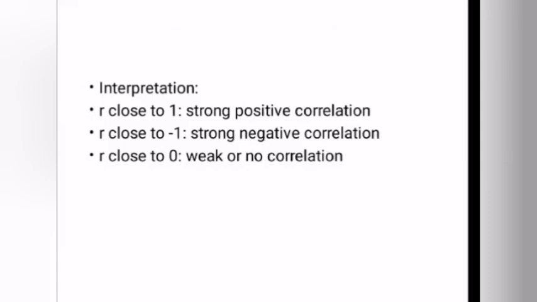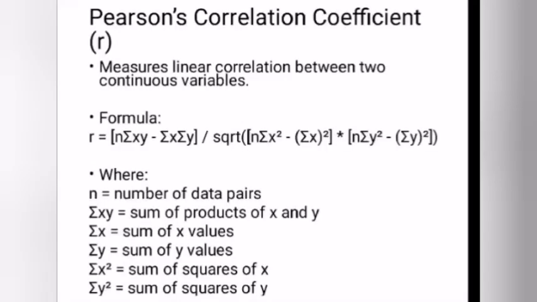So you would start measuring from 0 to 1: 0.1, 0.2 is a weak positive correlation. But when it's 1, it's a strong positive correlation. When it's minus 1, it's a strong negative correlation. That's how to interpret your answer after using this formula.